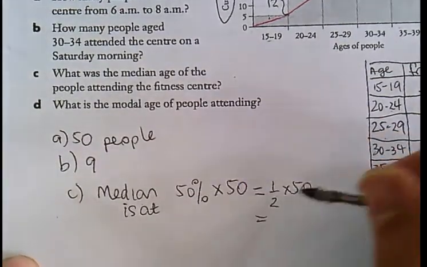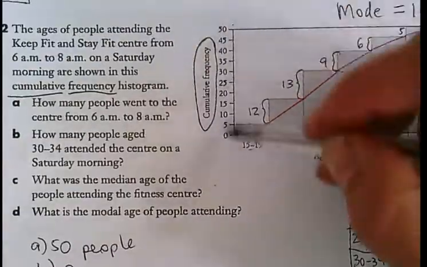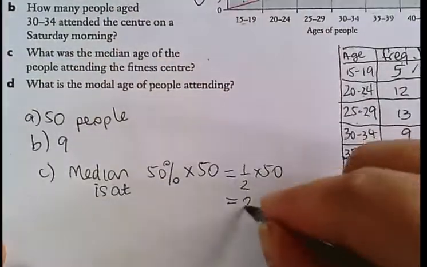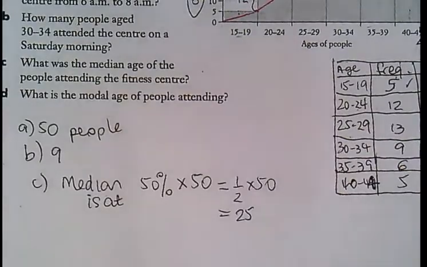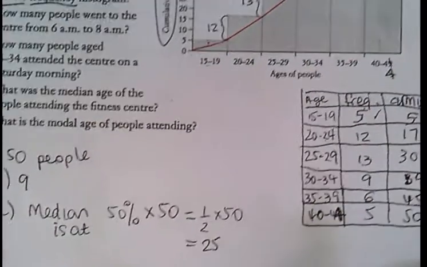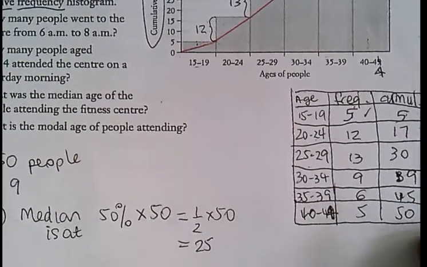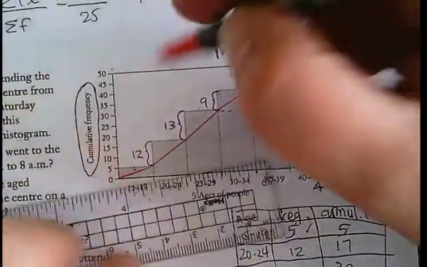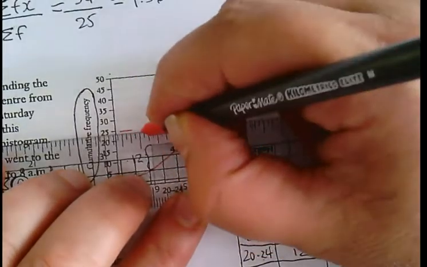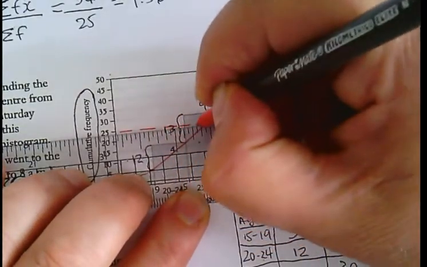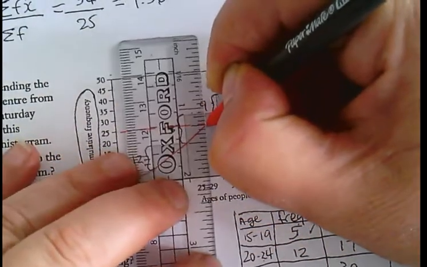So I go 50% of 50. A half of 50 is 25. So you come across with your pen on the graph at 25, exactly at 25, with a dotted line, and you hit the column and you come down.